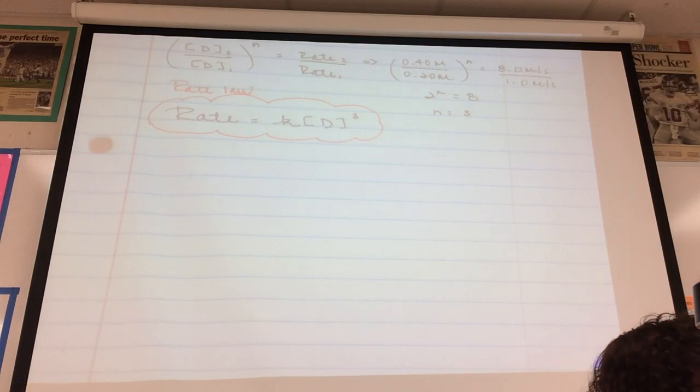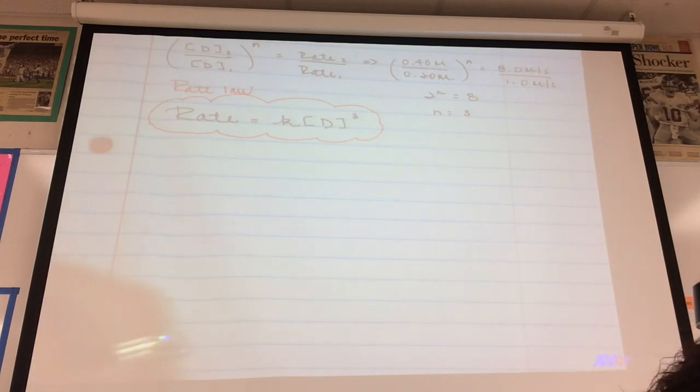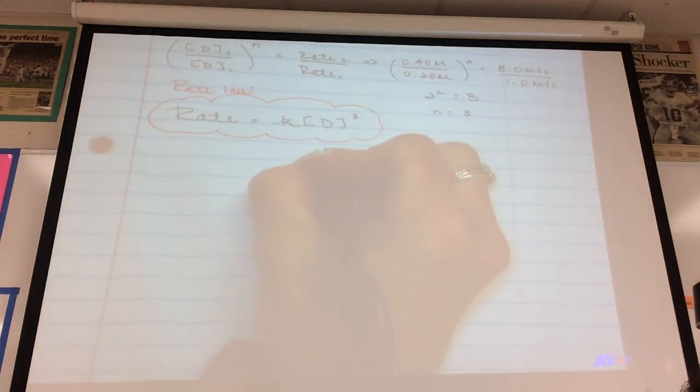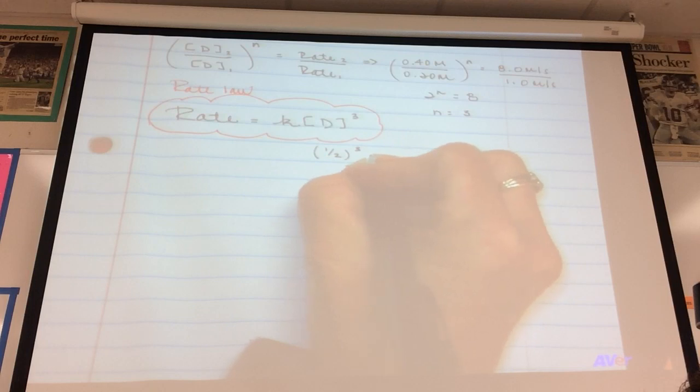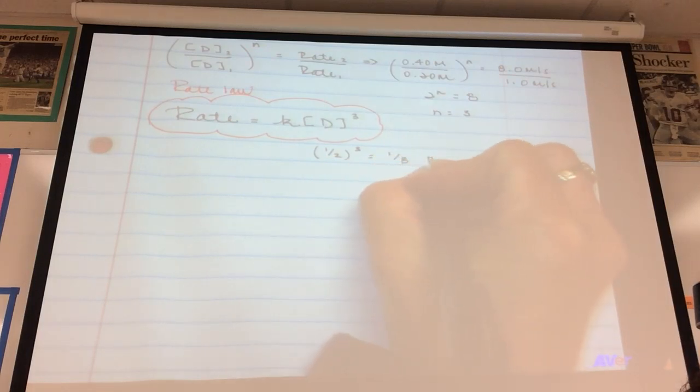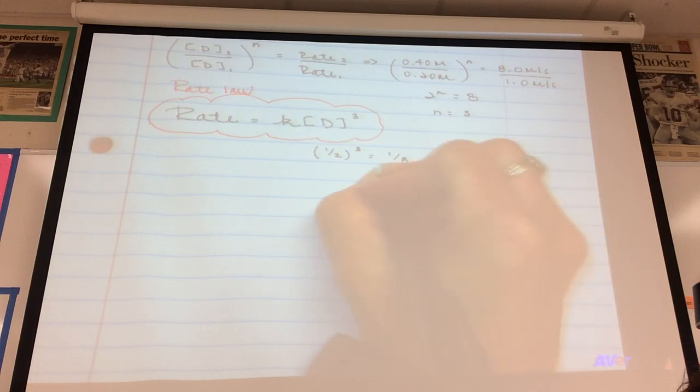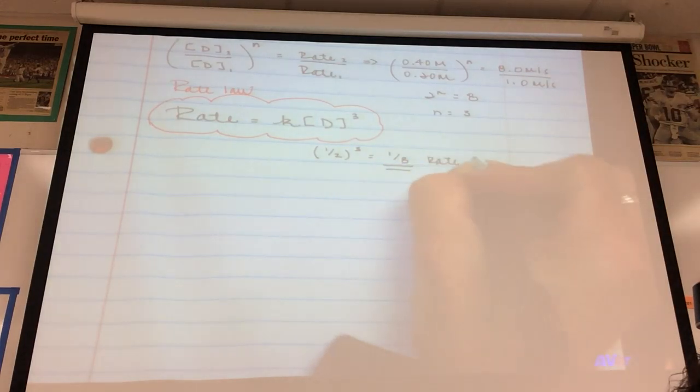2 interpretations that are asked here. It says if the concentration of D is halved, throw a half in. 1/2 to the third power is 1/8. So the rate, you've got a number less than 1, so the rate decreases by a factor of 8.